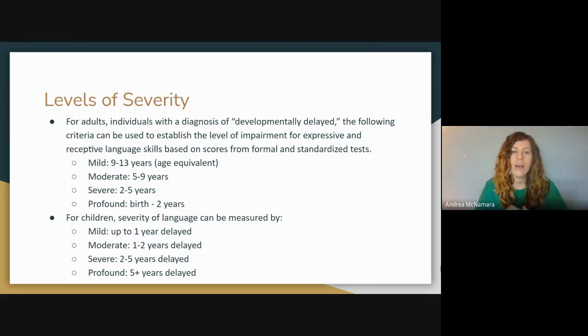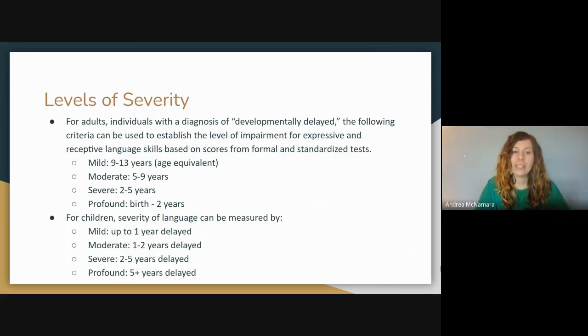And if that's the case, then they would have a mild severity. A moderate severity would be 5 to 9 years, a severe would be 2 to 5, and a profound would be birth to 2. And when you're looking at children, the severity of language will be measured more by delay.